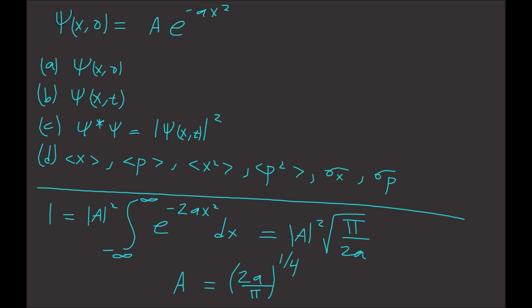The second part, we need to find the wave function, right, in terms of position and time. So first thing we need to do is we need to find phi of k. Phi of k is given by equation number 6 in video number 16.